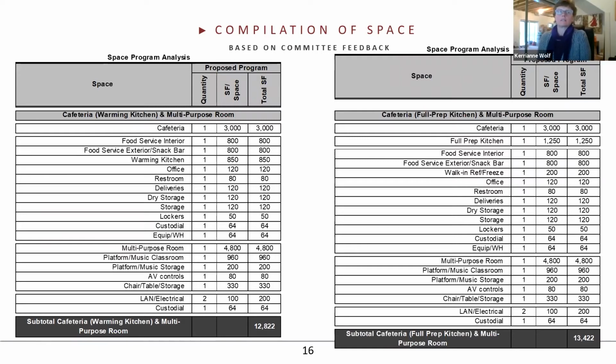So I can speak to the counselor classroom. Typically when a counselor meets with a group of students, they're meeting with, whatever, Mrs. Smith's 3rd grade class. And so typically you would want the counselor to go into that classroom and not pull students out, have that classroom sit empty while the counselor teaches in a different space.